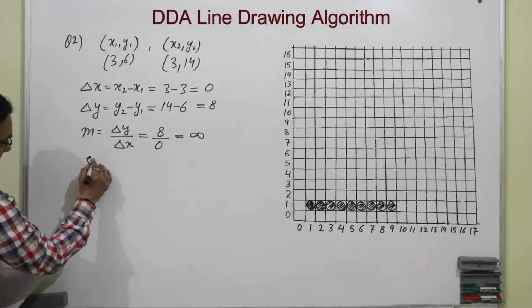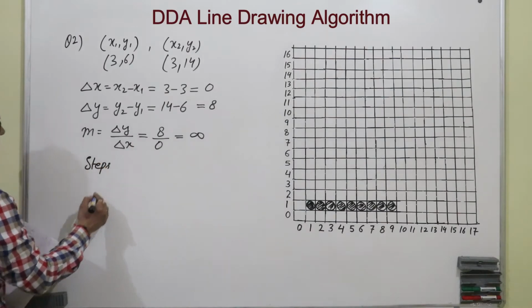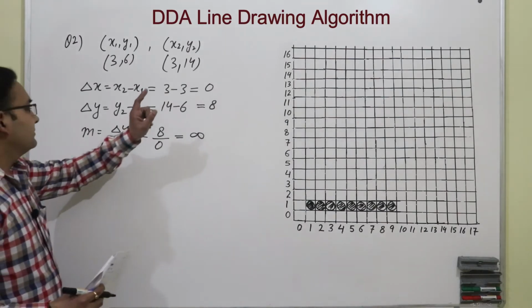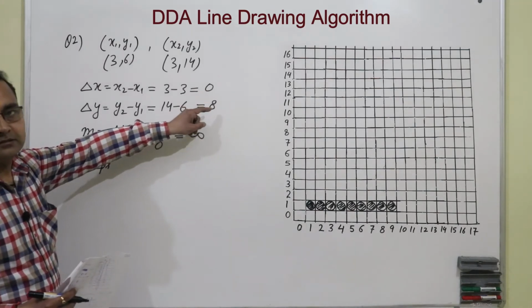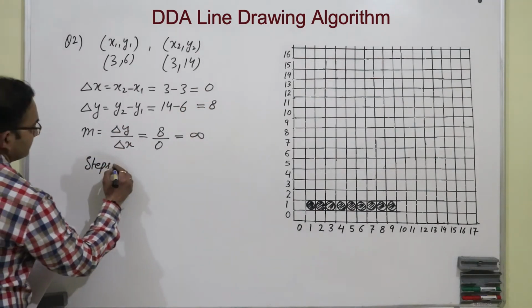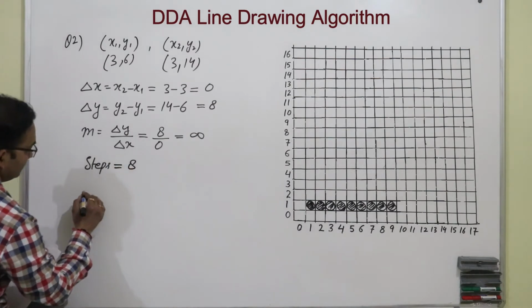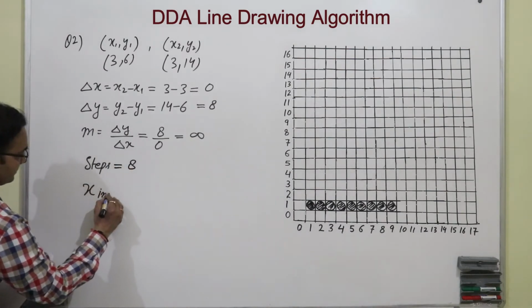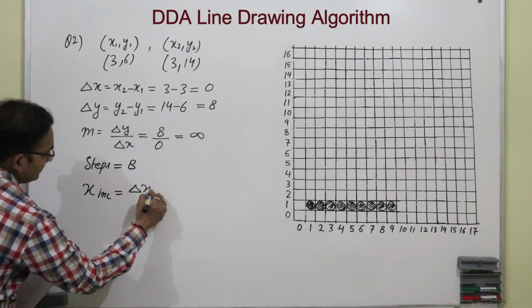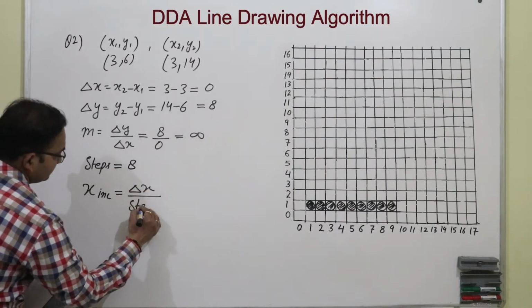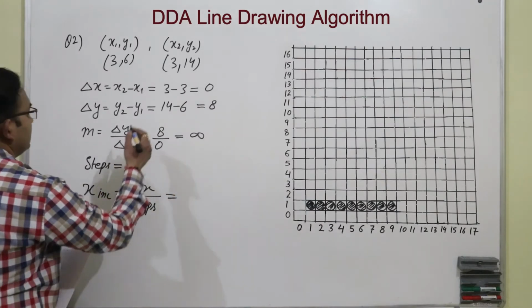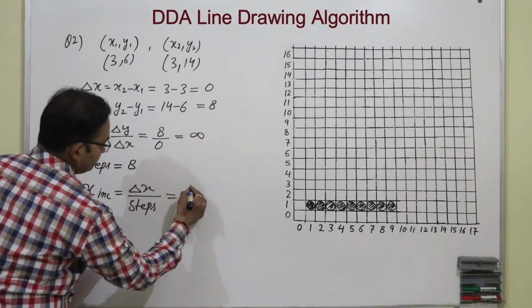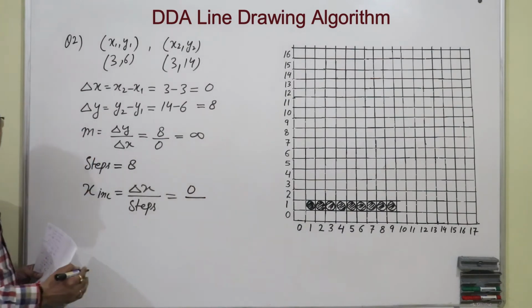Steps. So, steps will be 8 because delta y is greater than delta x. X increment equal to change in x upon steps. Change in x is 0 and steps are 8.